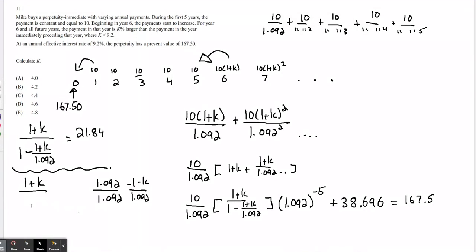So this ends up becoming 0.092 minus k all upon this, so it gets multiplied here. And that's equal to 21.84. Anyways, it's just algebra. I don't want to spend too much time on that. Just be careful. At this step, you could divide by 1.092 and just do some algebra. I got 0.04, and I made k a decimal, so it's going to be 4%.